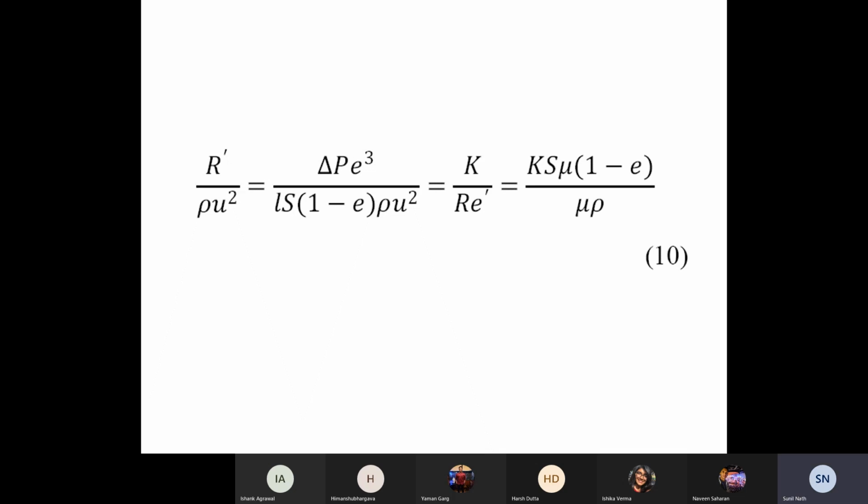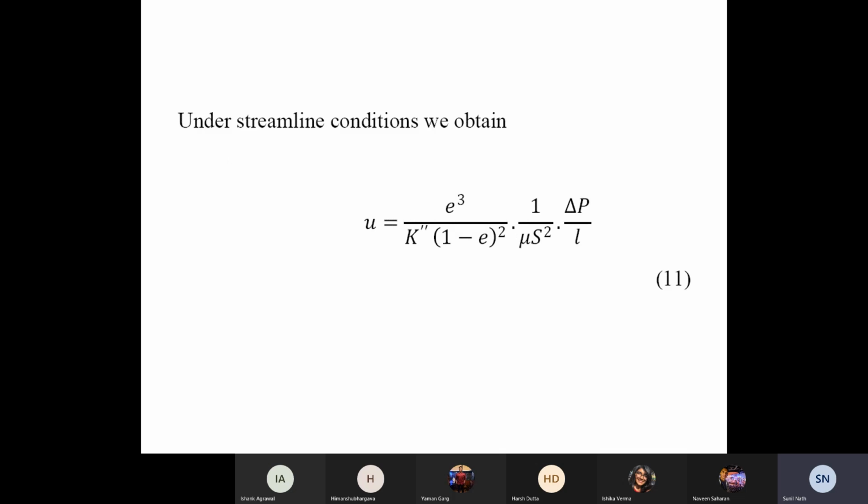So you can take equation 10, solve for small u, and you can derive the equation by transposition to get equation 11.